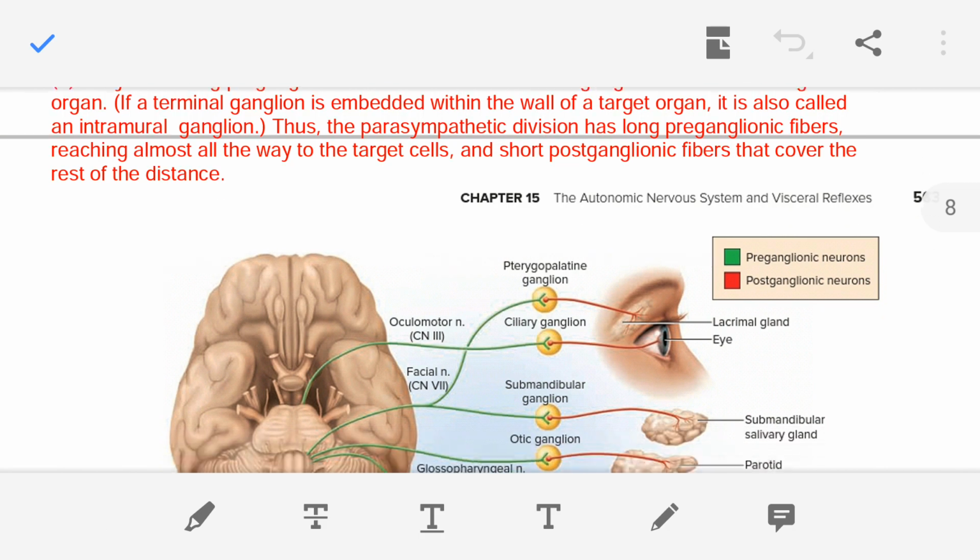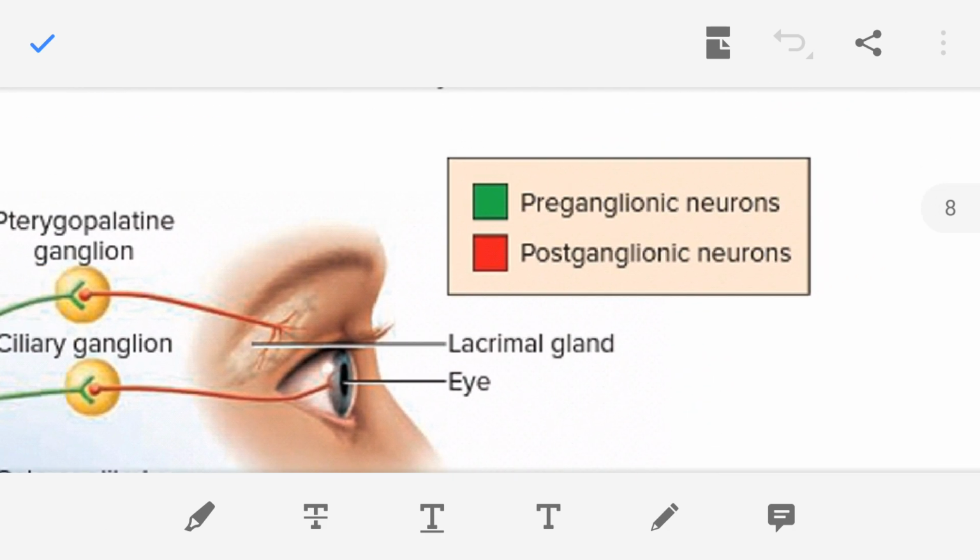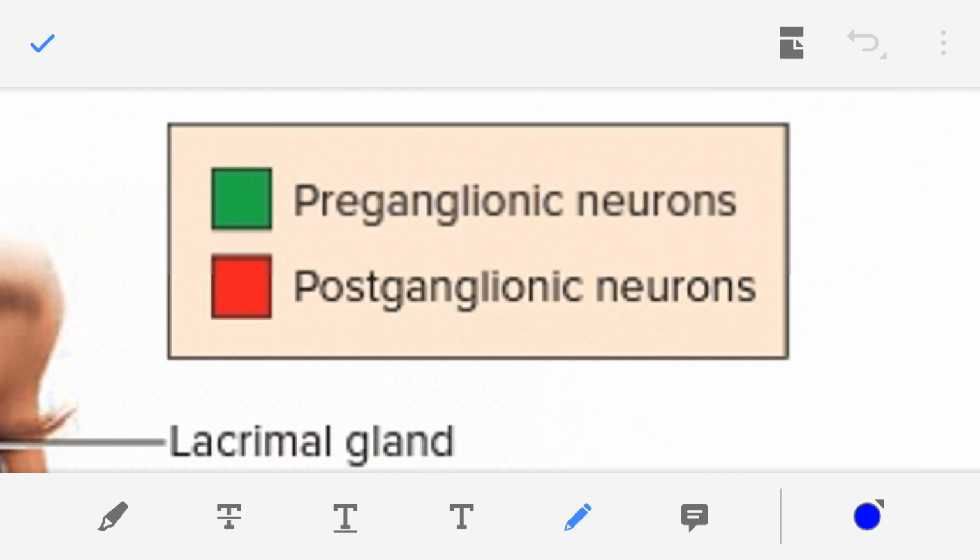So in parasympathetic nervous system, here you can see in this figure, for preganglionic neuron green color is used, and for the postganglionic neuron a red color is used.